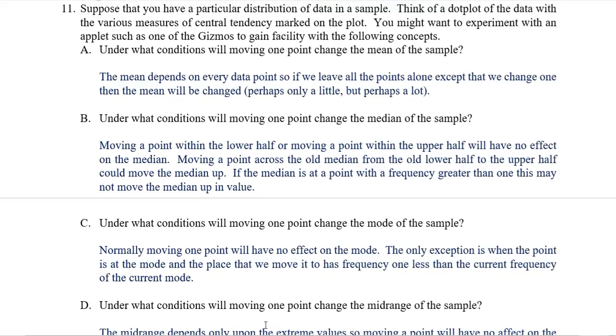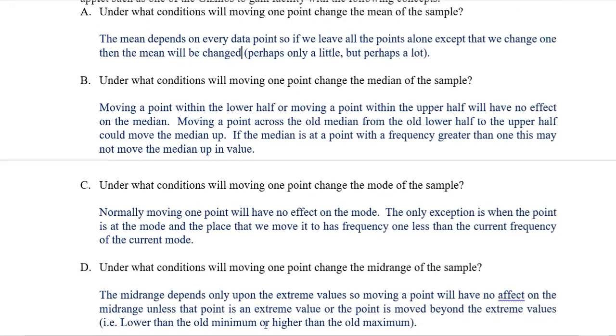What conditions will moving 1 point change the mid-range? Well, the mid-range depends only on the extreme values. So moving any point will have absolutely no effect on the mid-range unless that point is actually an extreme value, or one of the points in the middle is moved beyond the extreme values to give you a new, lower than the old minimum or higher than the old maximum, to give you a new maximum.